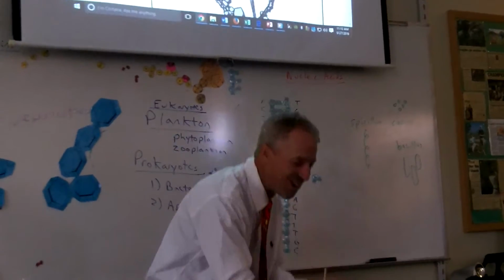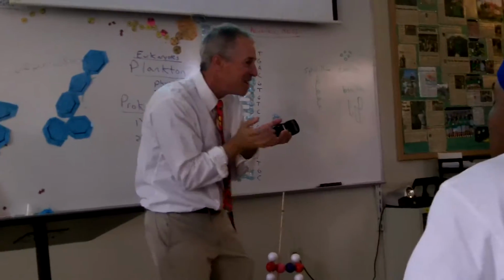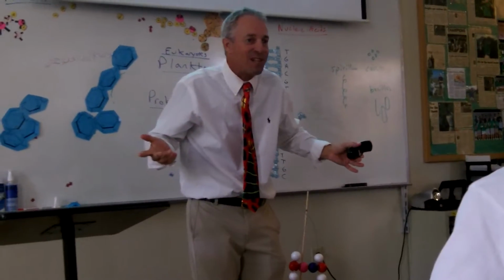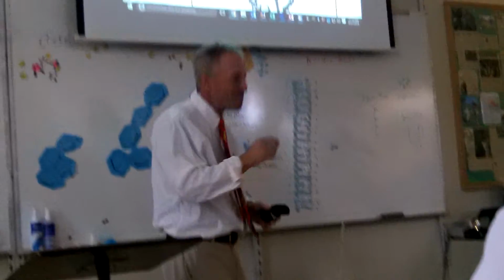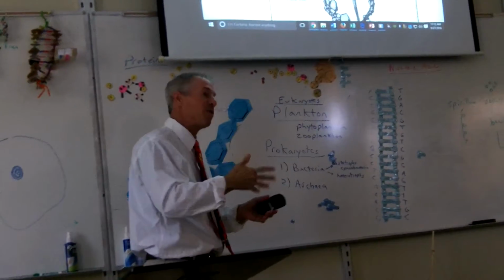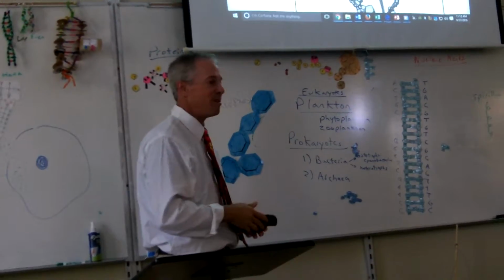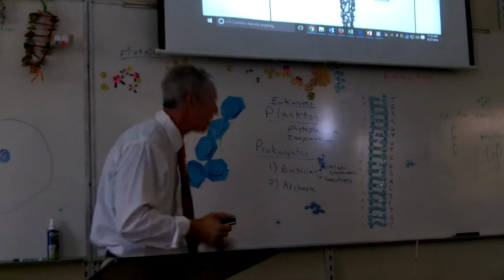How cool is that? There's little cells, they have cilia that make little homes for themselves at the bottom of the ocean out of bits and pieces of sand and shells. And they're too small to see. You can barely see them under a microscope.